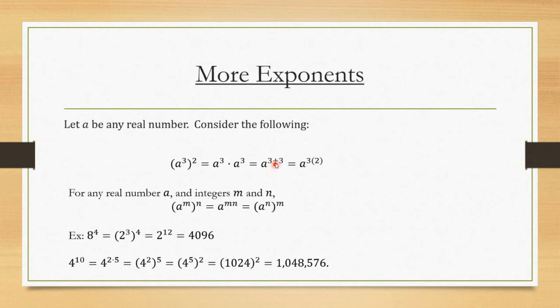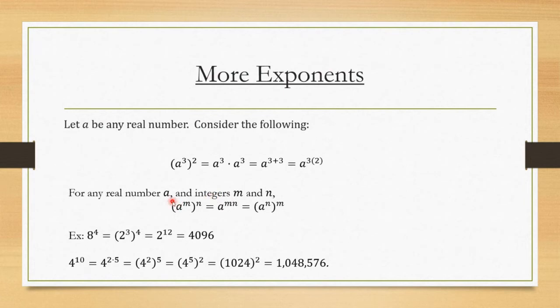Okay, and what is this equal to? Well, this is 6, which is the same as 3 times 2. So altogether, we have a cubed, a to the third, squared, is a to the 3 times 2. And hopefully you can see from here, at least get an idea as to why the next rule is true.